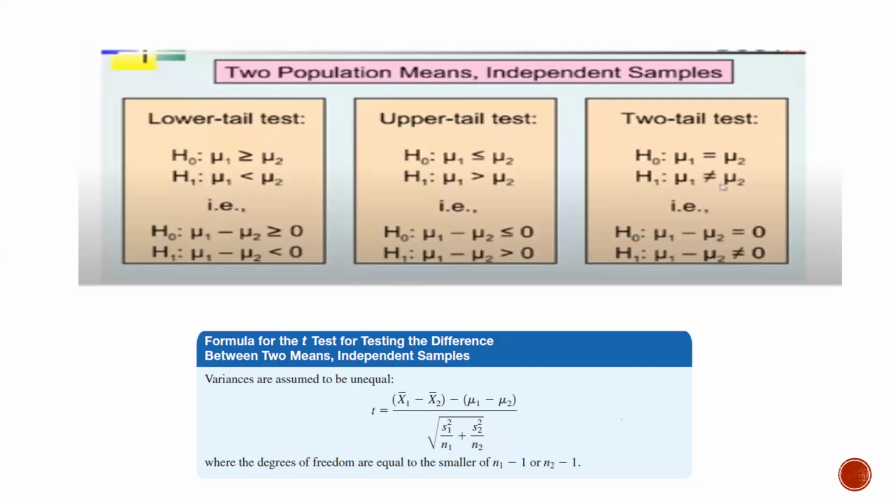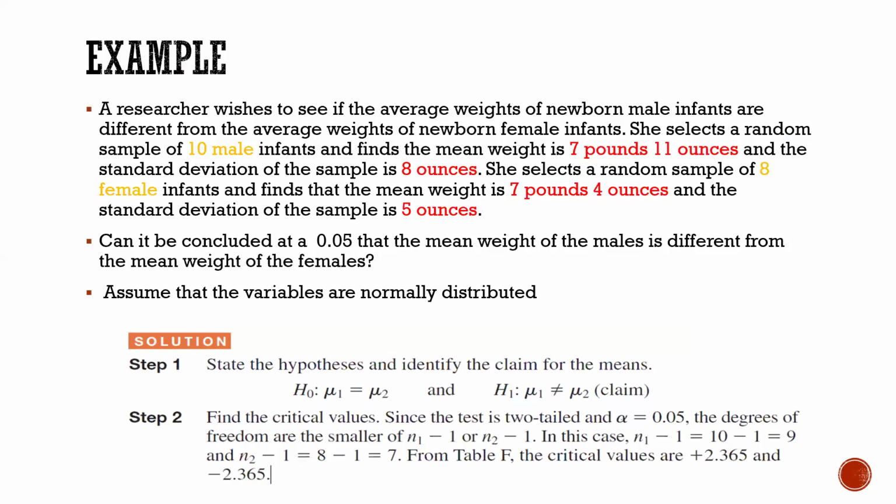So this is the formula for the t-test where you assume that the variances are equal. x1 minus x2 represent the sample means, mu1 minus mu2 represent the population means, while s1 and s2 represent the variances, and n1 and n2 is the total number of samples, and degrees of freedom is calculated by sample size of population 1 minus 1 or sample size of population 2 minus 1.